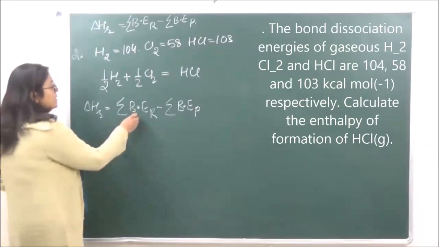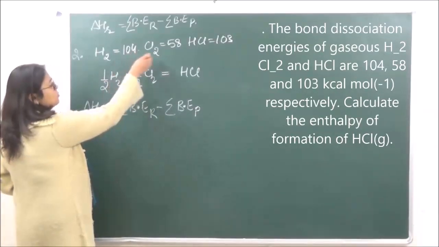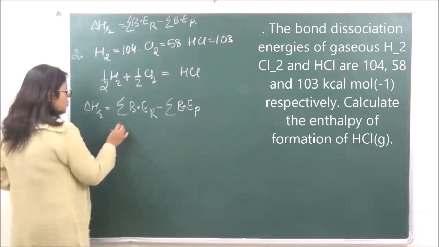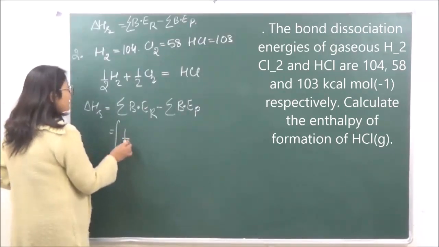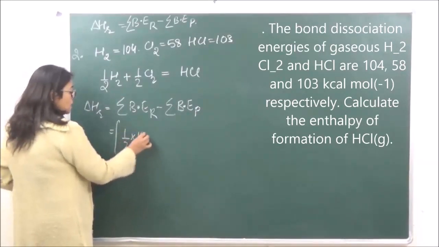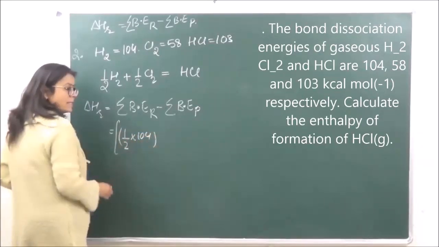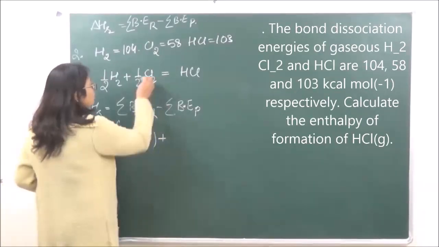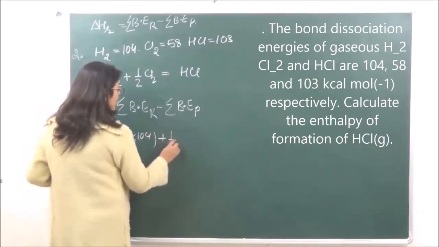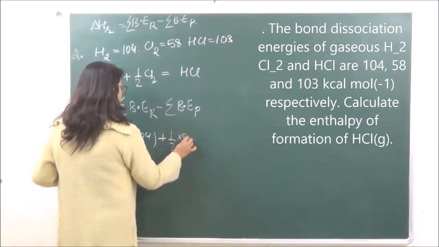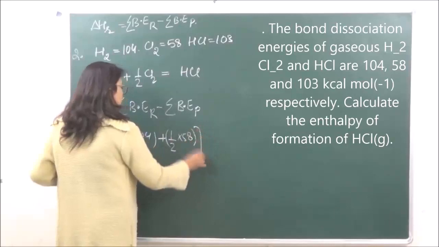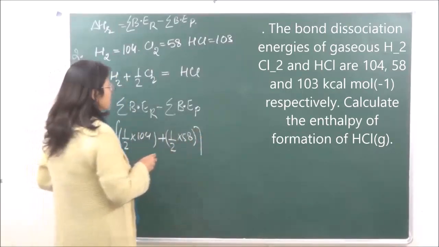So reactants की हमको पहले calculate करनी है, 104 और 58 दी हुई है. So this will become equal to 1/2 into 104, ठीक है, plus chlorine is given as 58, so 1/2 into 58 minus that of products.